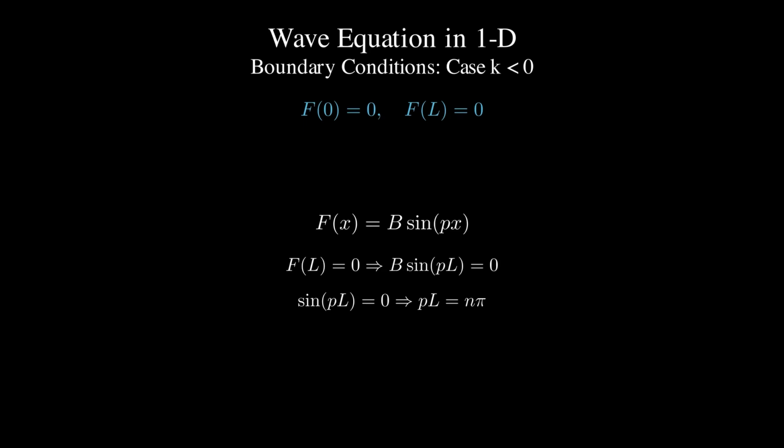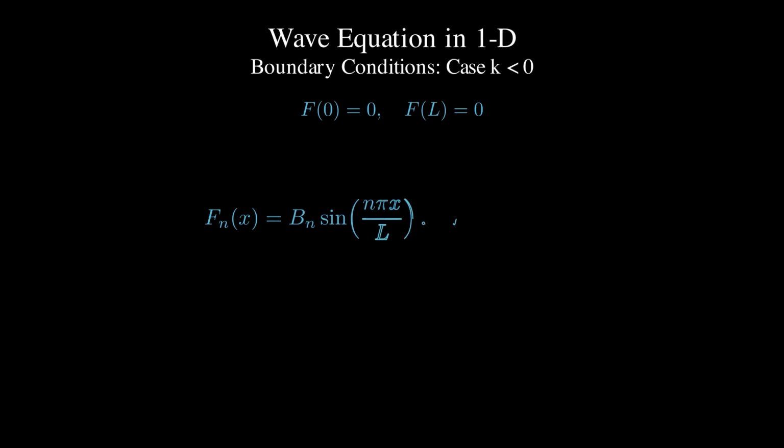So we have pL equal to n pi, so p is equal to n pi over L, where n is any number from 1 to infinity. Bringing that back, my solution is f of x equal to Bn times sine of n pi x divided by L, where we get a Bn depending on the n value that we have.